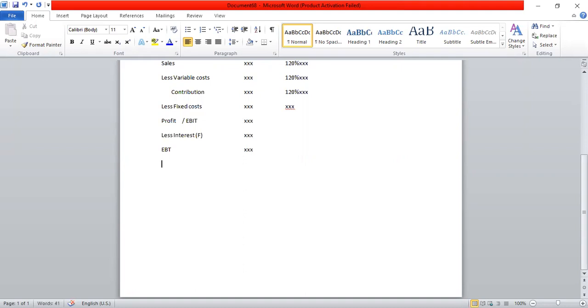Then taxes are paid. Then we see less preferred dividend, preference dividend.